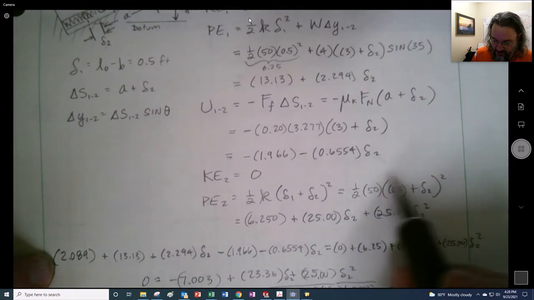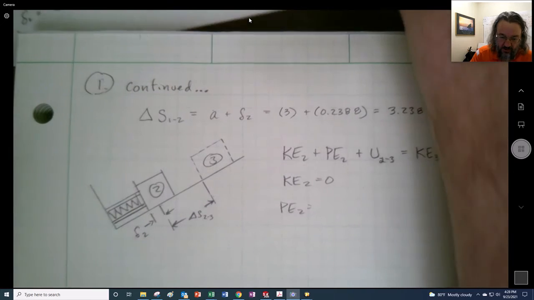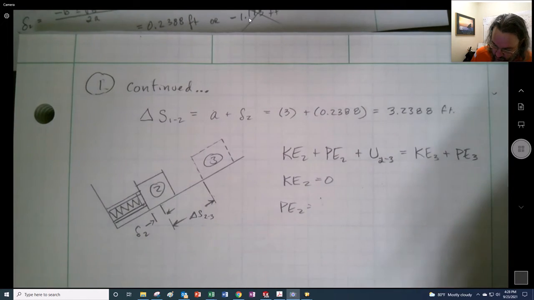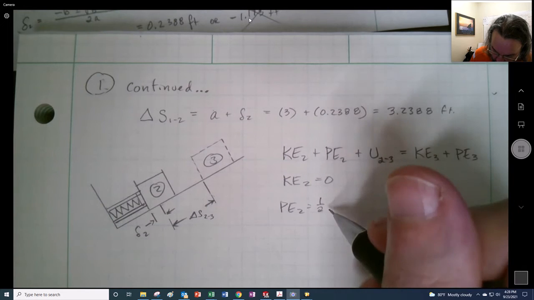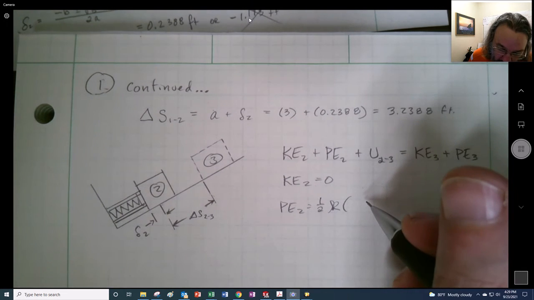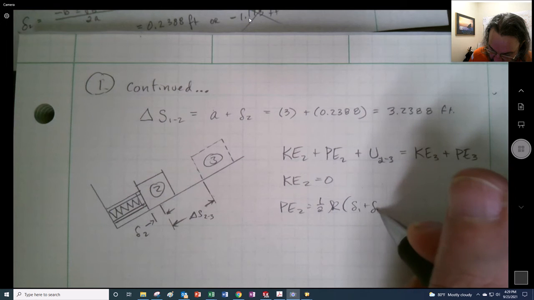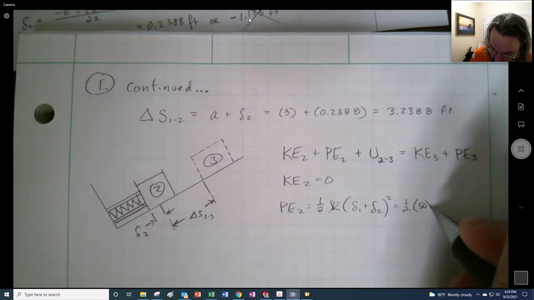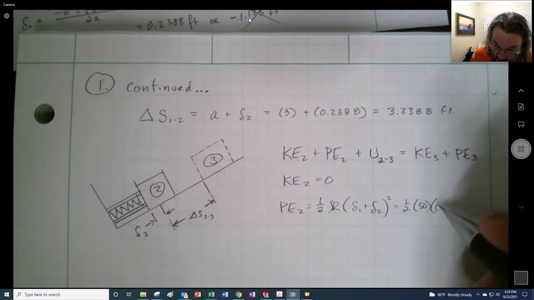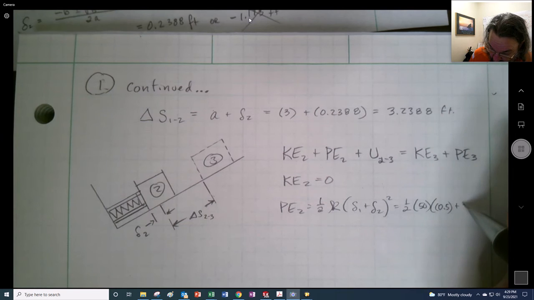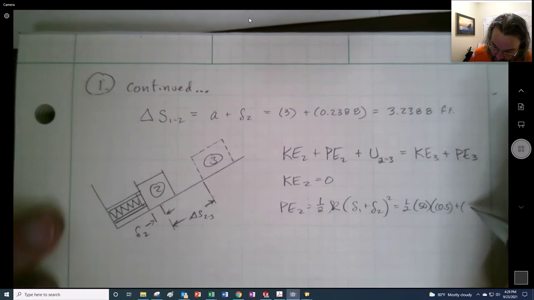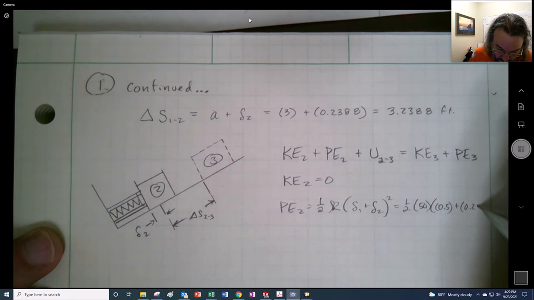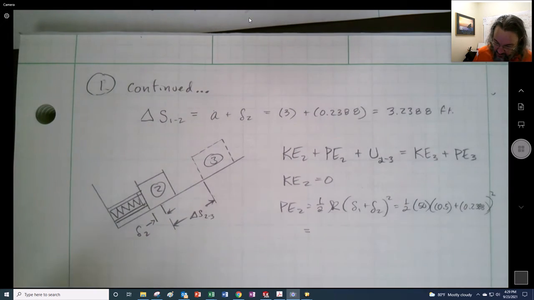It might be easier just to write out this one again, right? So let me write out that it's 1/2 K times my del 1 plus del 2 squared, right? Because that's going to be equal to 1 times 50 times my del 1 was 0.5 plus my del that I found, 0.2388. The whole thing squared.